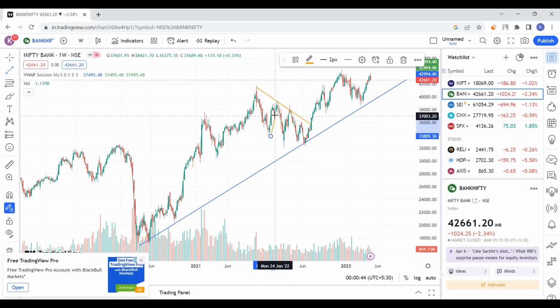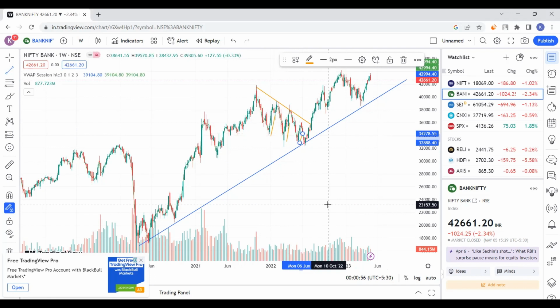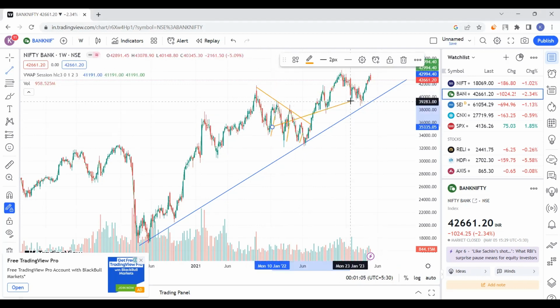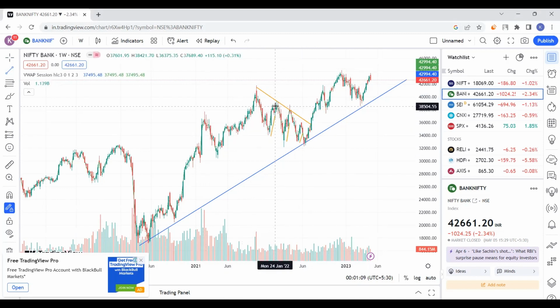So these candles, these are the minor trends in the market. The market is going downwards, but it has changed its direction here. This is the minor trend in the market.